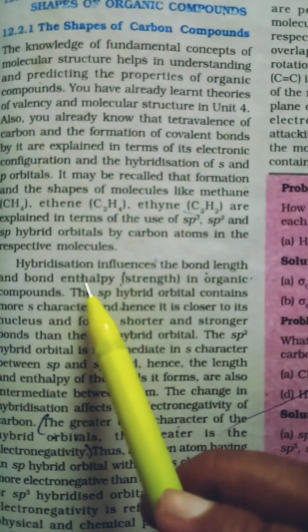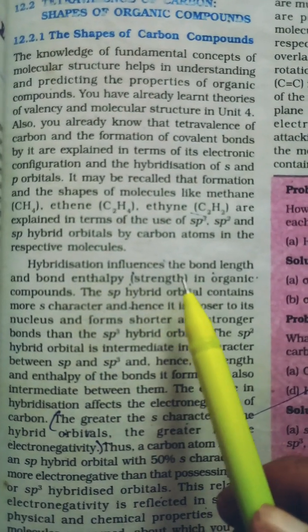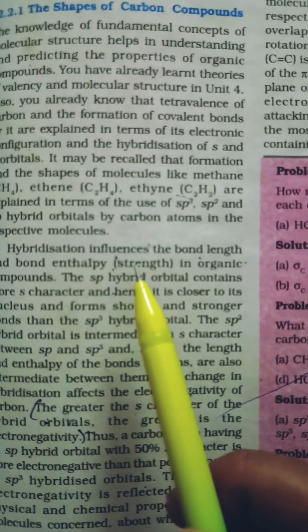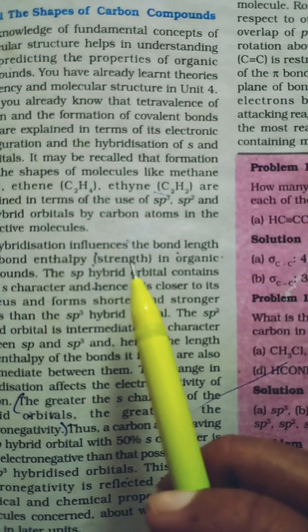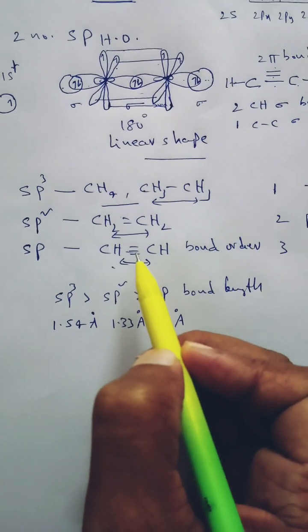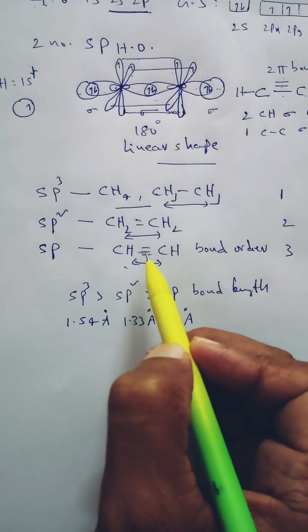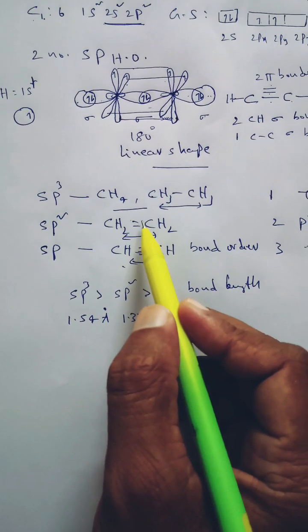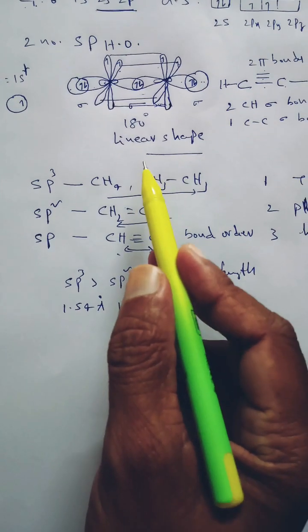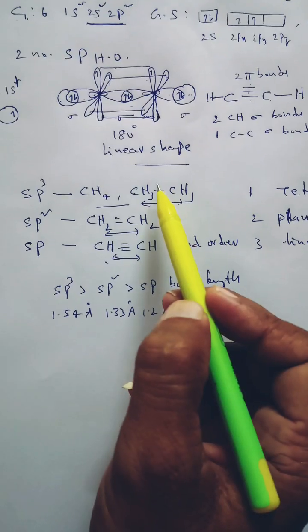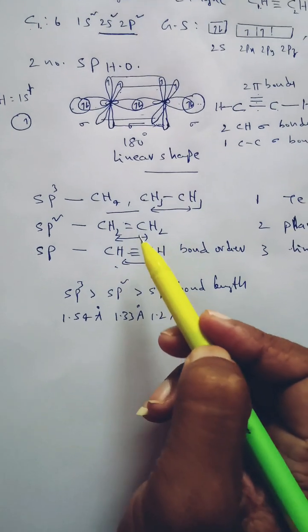Okay, so hybridization influences the bond order, as I just explained, and bond enthalpy also. Bond enthalpy means strength in organic compounds. That means if 3 bonds are there, bond order is more and strength is also more. If 2 bonds are there, bond order is 2 and strength is in between 1 and 3, and the bond strength of a CC single bond is lesser compared to the triple bond and double bond.